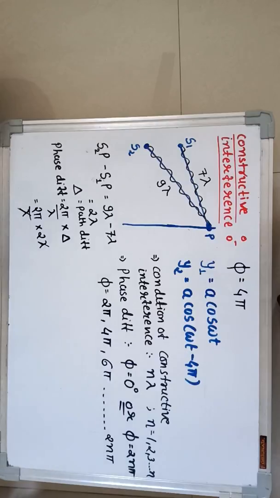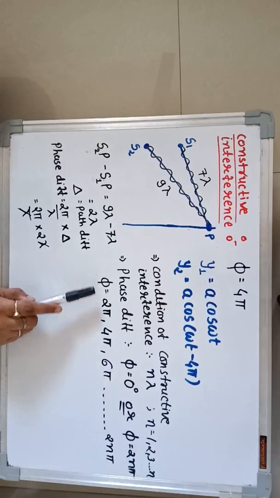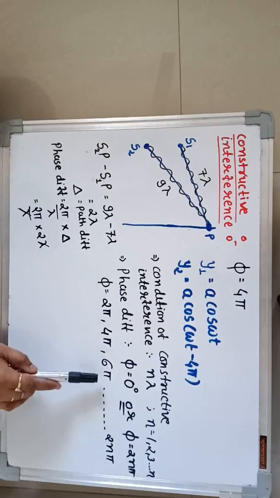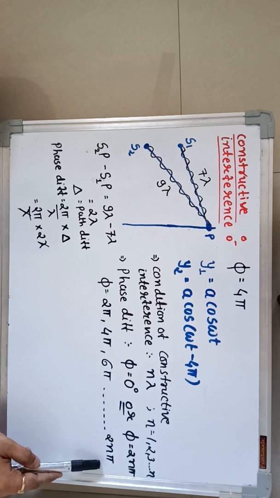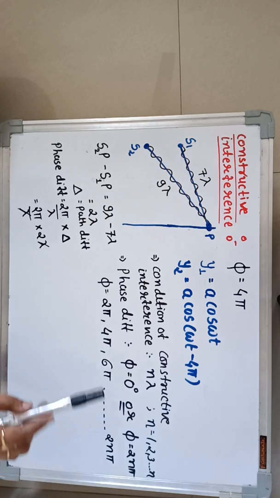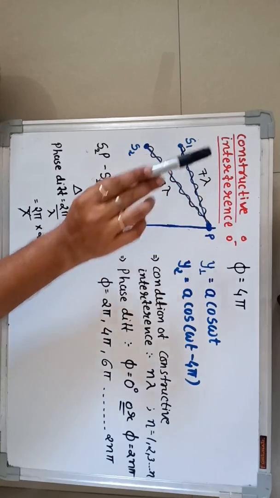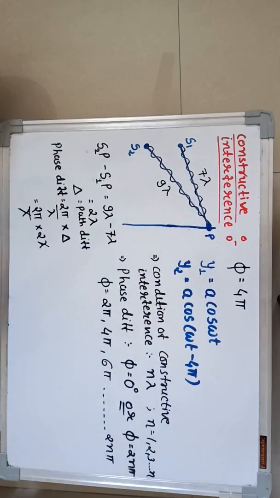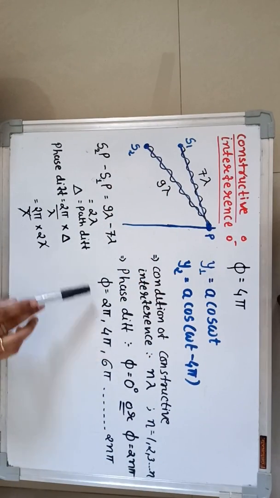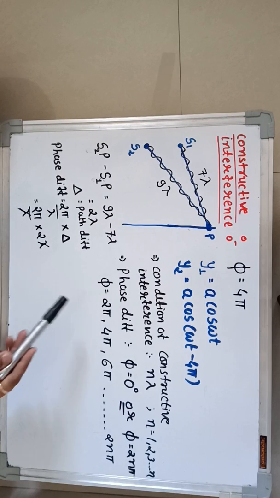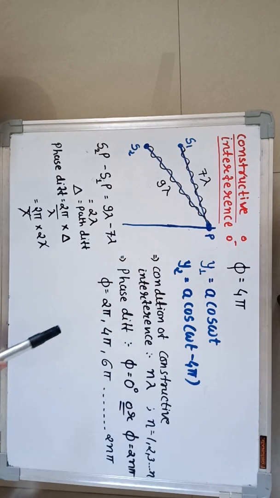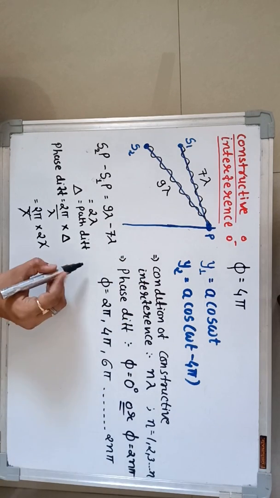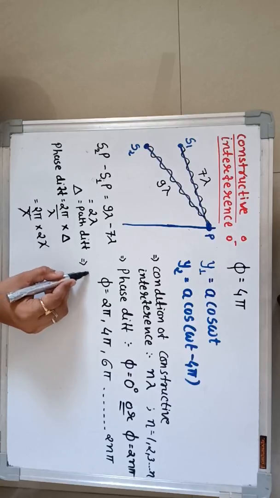A point which has the phase difference 2 pi, 4 pi, 6 pi up to 2n pi causes constructive interference at this point. The phase difference is different at each point. Now we take the path difference.